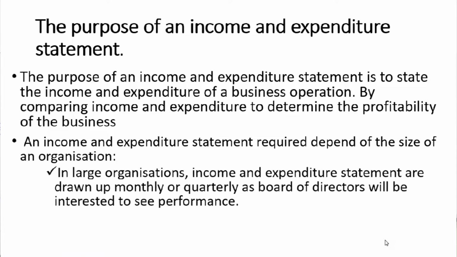In a large organization, the income and expenditure statement is drawn up monthly or quarterly, as the board of directors will be interested to see the performance of the business.